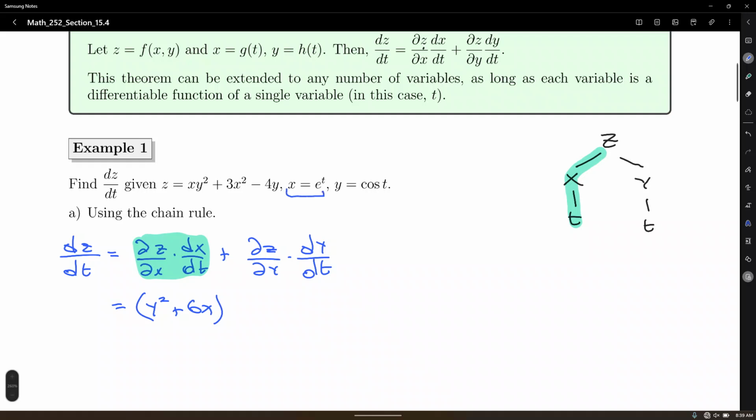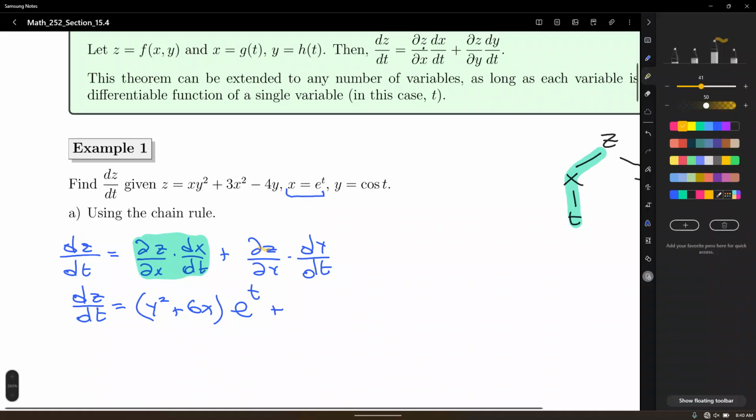Well, what's the derivative of e to the t? Isn't that just itself, e to the t? So that is dz/dt. Don't freak out if you're seeing a lot of variables, x's, y's, t's. We'll simplify this in a second. So that is plus dz/dy, now I'm going to go the other way. Let me use a different color to highlight this.